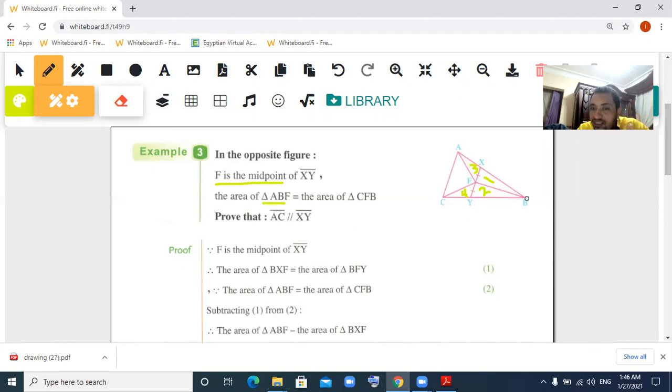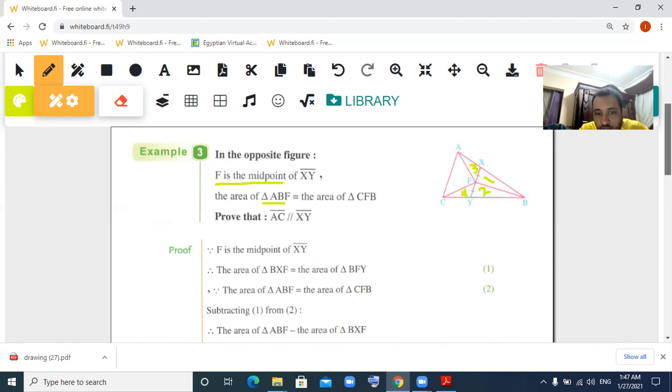And also from the median in the triangle XBY, I know that F is the midpoint, so FB is a median. So the area of triangle number 1, XFB, equals the area of triangle number 2, FBY. If we subtract number 1 from the big triangle 1 and 3, the left will be 3. And if we subtract number 2 from the big triangle 2 and 4 together, the left will be 4.